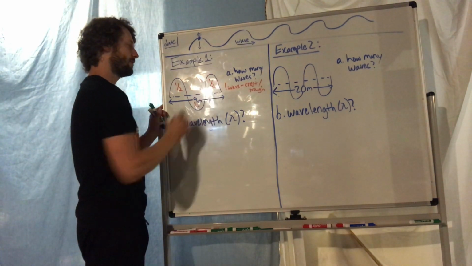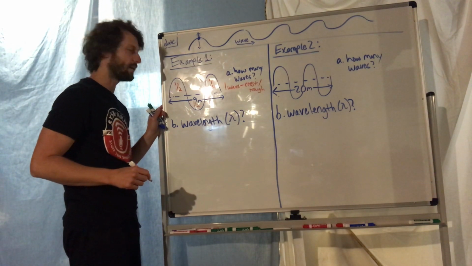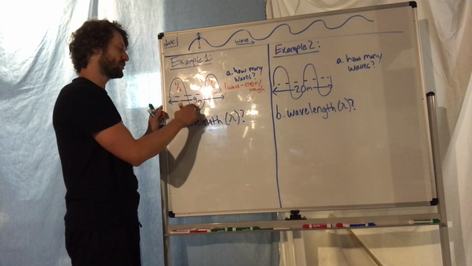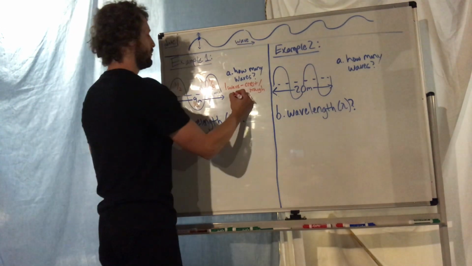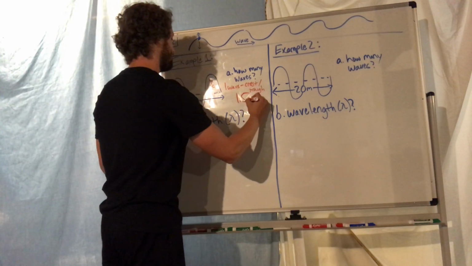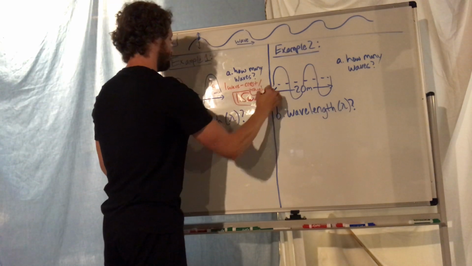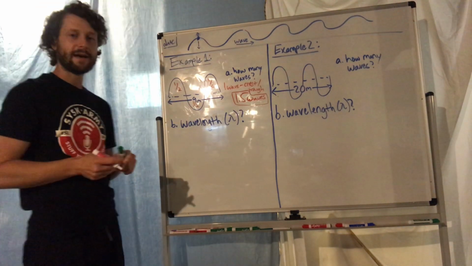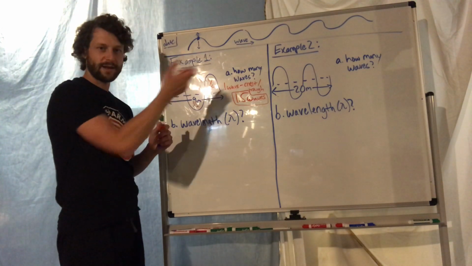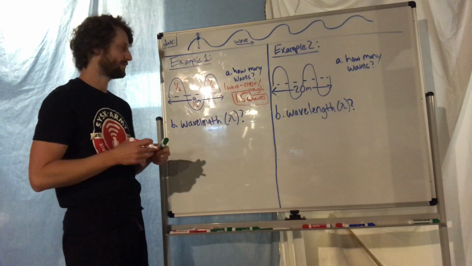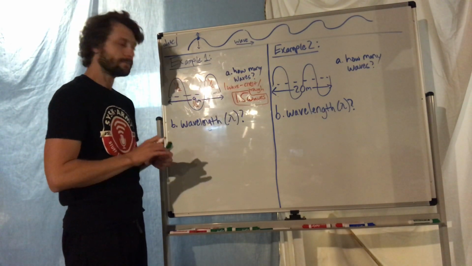It's actually 3 halves now, because we added another crest in that picture. So this picture is half a wave, half a wave, half a wave. It's 3 half waves, or in other words, 1.5 waves would be your answer to A. Okay? It's 1.5 waves. I like to count half waves and just add them up. I got 3 half waves, so that is 1.5 waves, because this one isn't really complete; we'd have to add another trough to complete it.